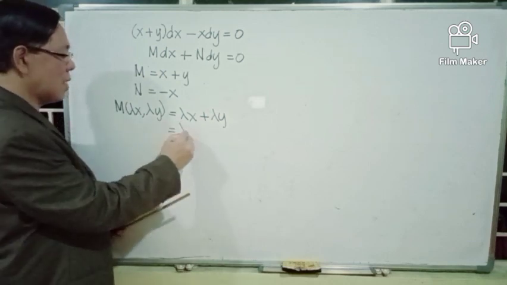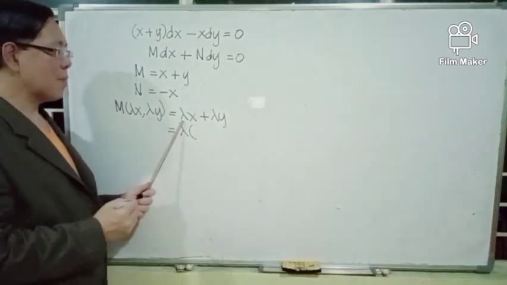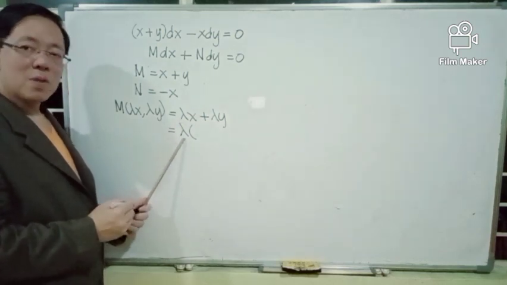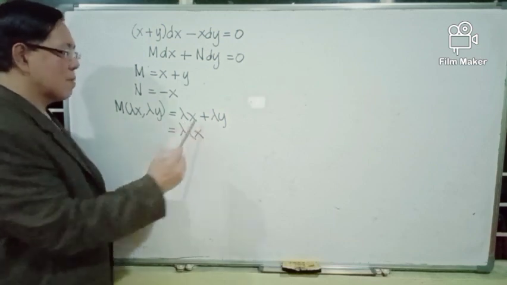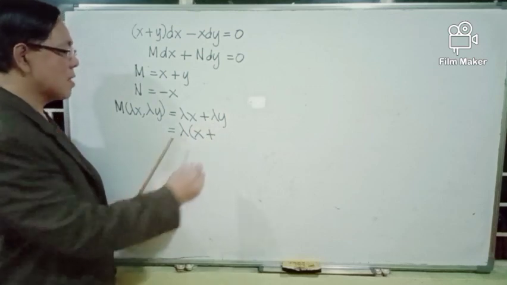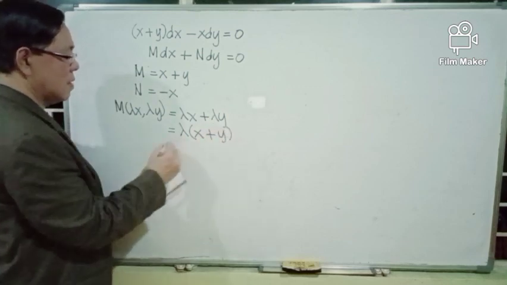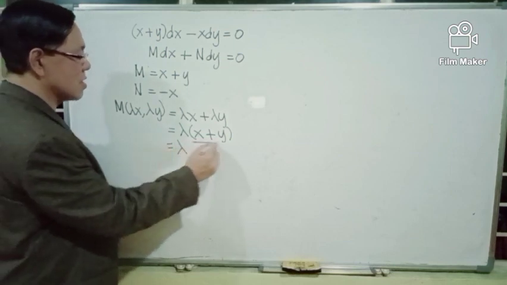We factor out lambda, and the other factor is obtained by dividing each term by lambda. Lambda x divided by lambda is x, plus lambda y divided by lambda is y. And this is lambda times x plus y.